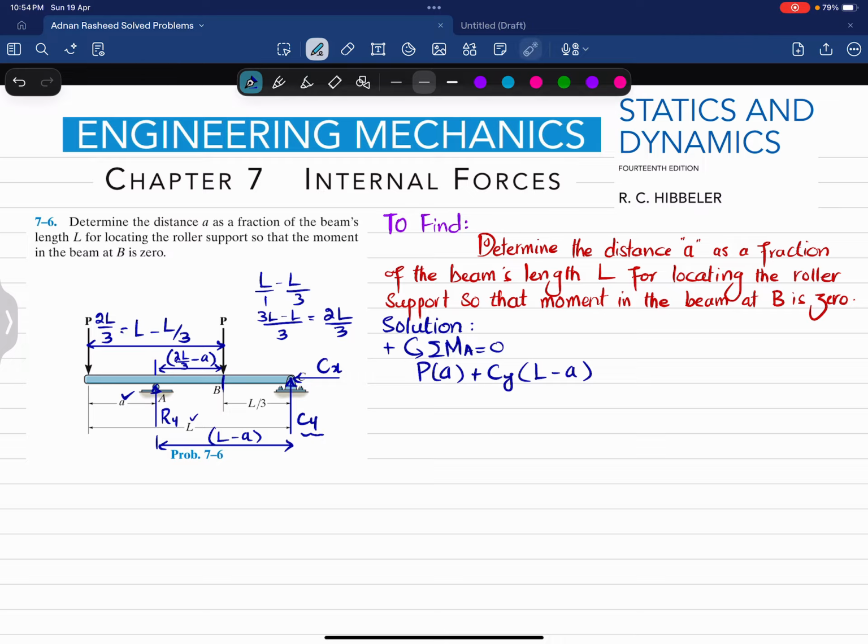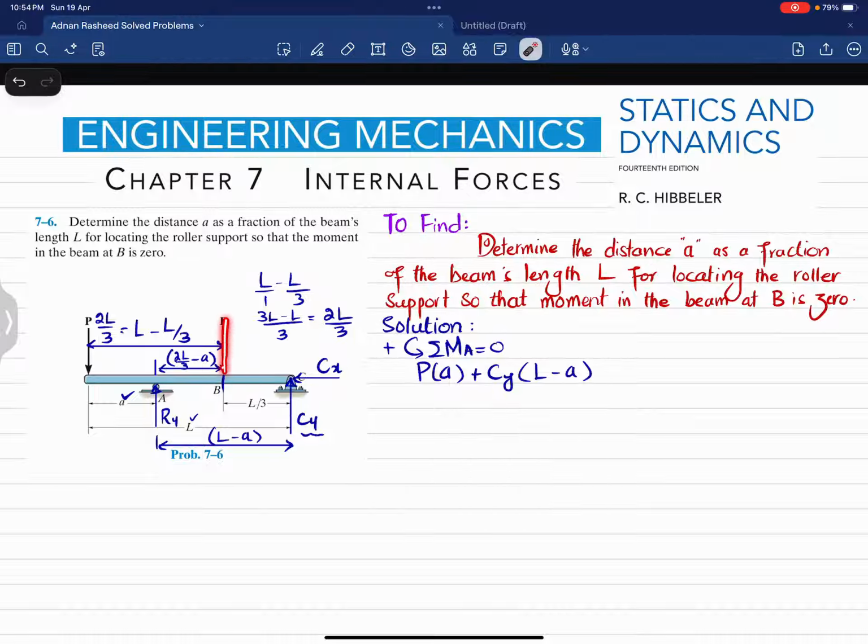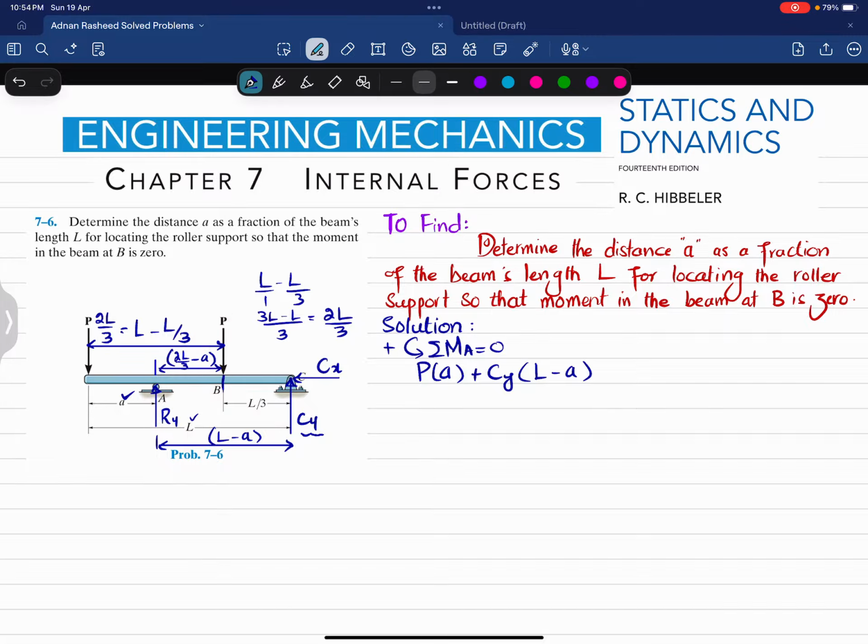Now you can see this force P, with this perpendicular distance, is producing a clockwise moment, so it will be negative. So I can write minus P multiplied by (2L by 3 minus A) is equal to 0. We are interested in finding Cy.